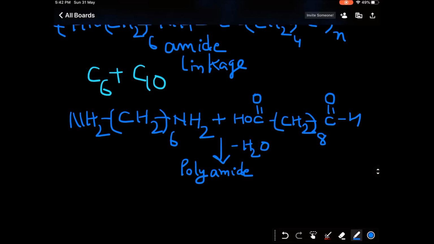There are 10 carbons in this, so decane. The common name is sebacic acid. This is sebacic acid.